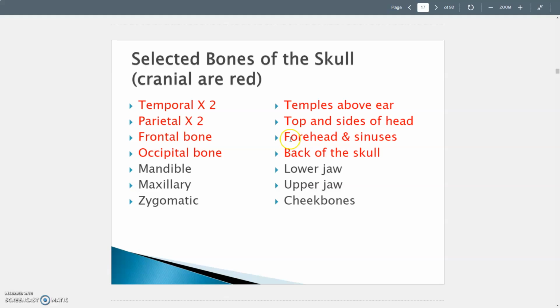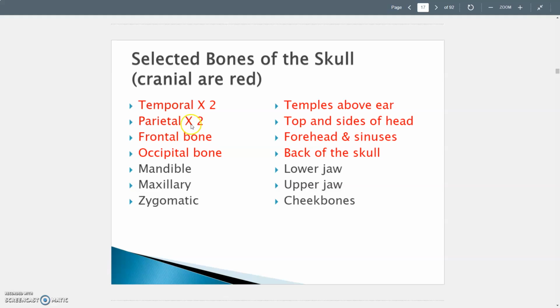This slide shows where the bones are located, and if they are highlighted in red, then they are part of the cranial bones. So you have 2 temporal bones that are located on the temples above your ear. There are 2 because it's located on both sides of the skull.